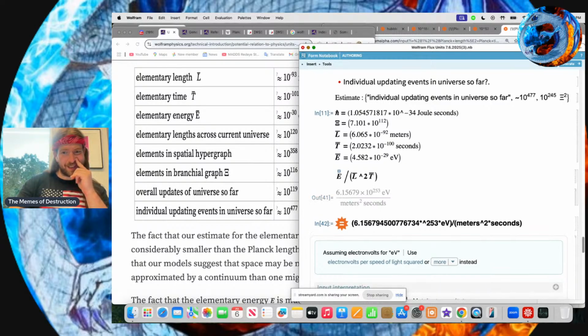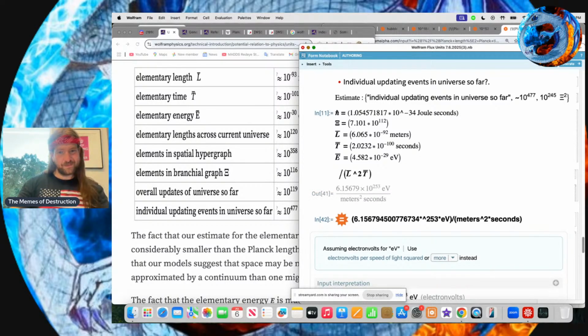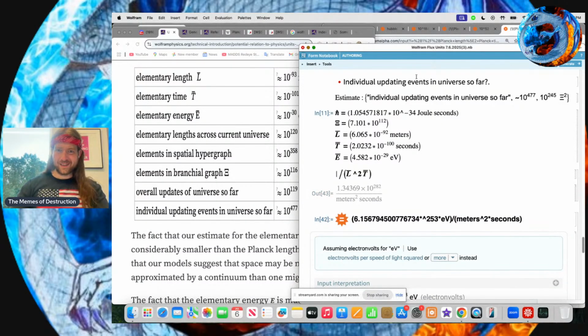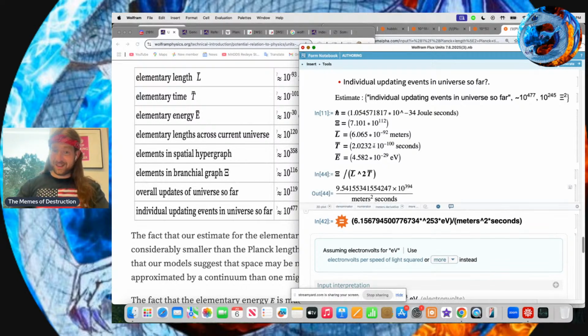Let's put a 1 here. Oh, that's why. In order to normalize it, do we need this? Oh, that made it far worse. How do we get to it through these units?